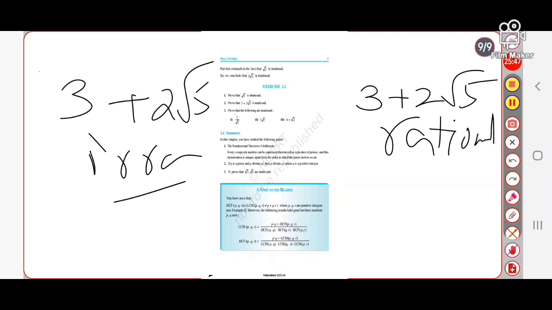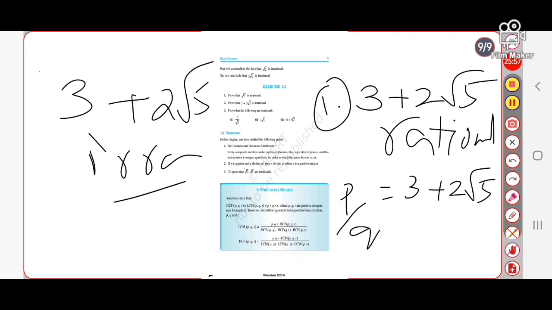This is our first step, and what we are going to do is express that p by q equal to 3 plus 2 root 5, then cross multiply.